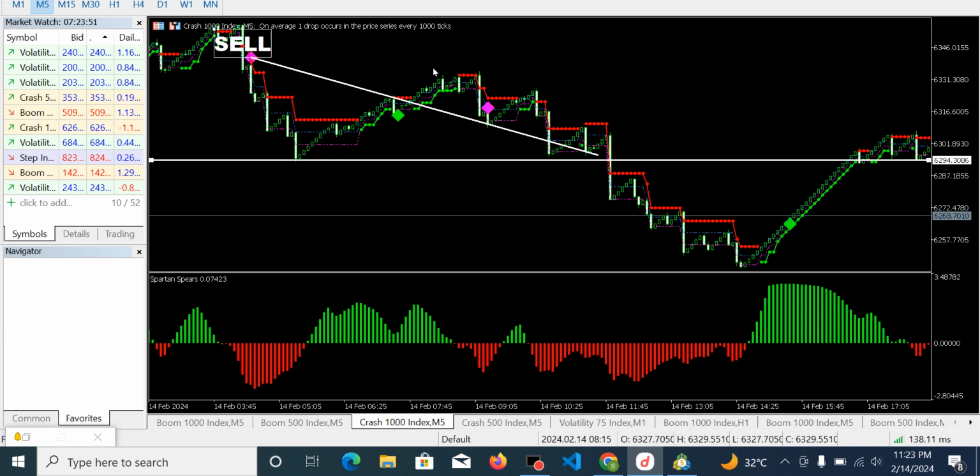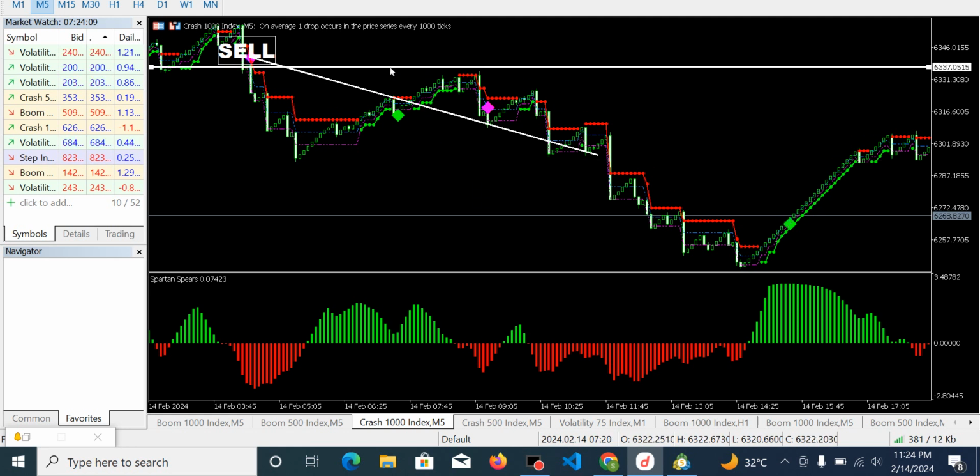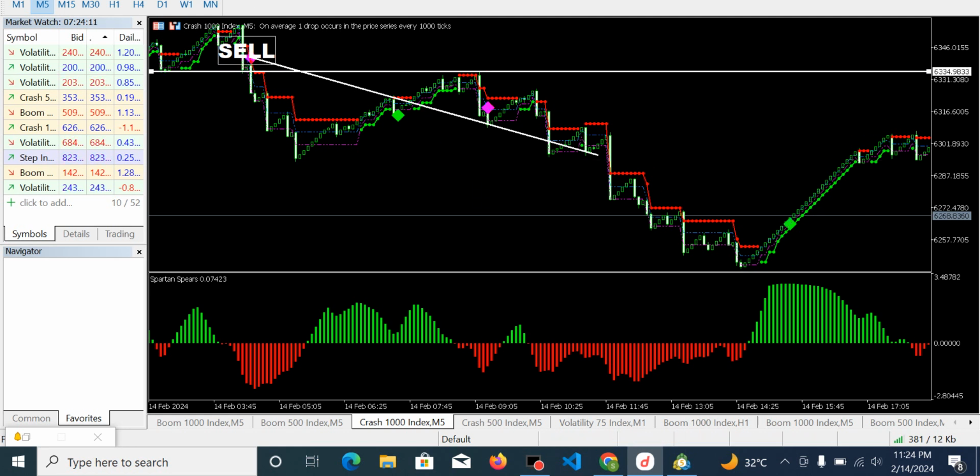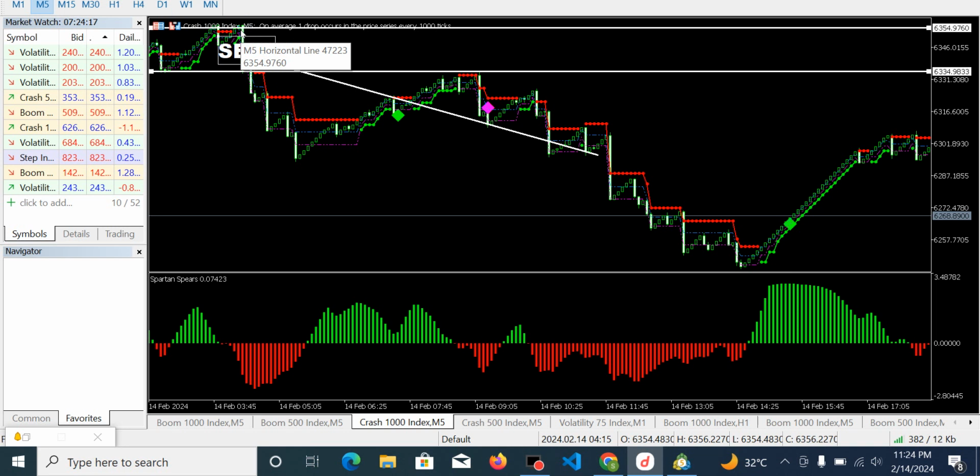We've gotten a sell signal, so it means that the sell signal is very strong at that point, because even the trend is on downtrend, and so there is no reason why we shouldn't go with a sell. So once you place an order around there, let's say we place an order around here, the next thing we should do is to put a stop loss at the top right here.